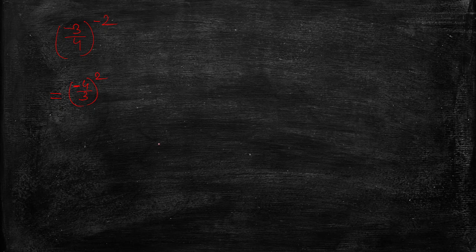Let's see another one. Suppose something is written as 5 by 7 to the power minus 3. So we'll do 7 by 5, and the sign will get changed, power 3.